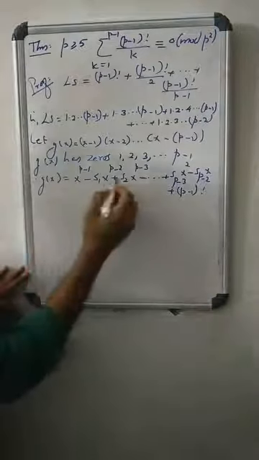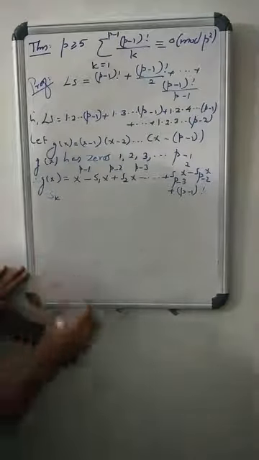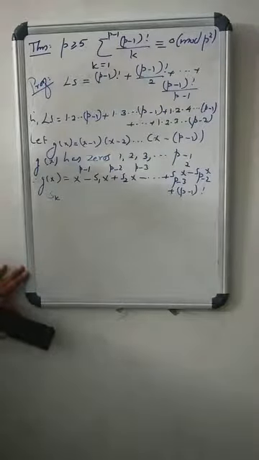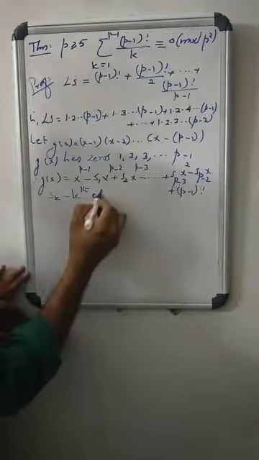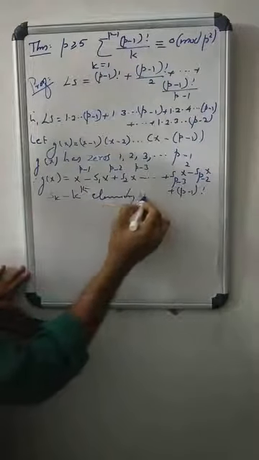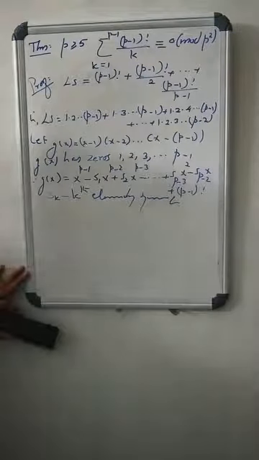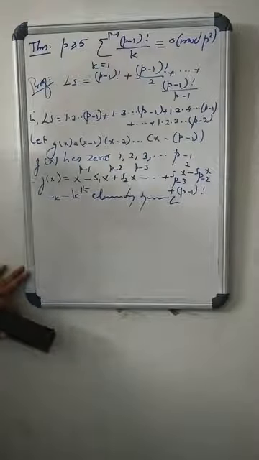Where, what about s1, s2 etc.? Sk is the coefficient, that is, the kth elementary symmetric function of the roots. Sk is the kth elementary symmetric function of the given roots 1, 2 etc. up to p minus 1.